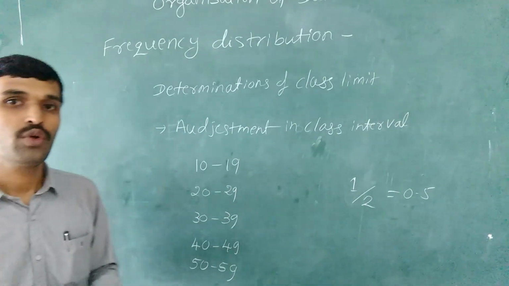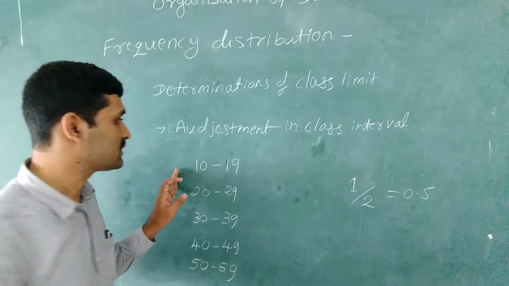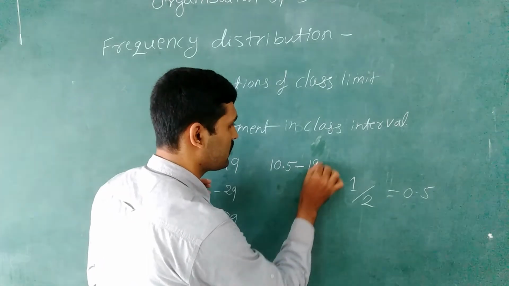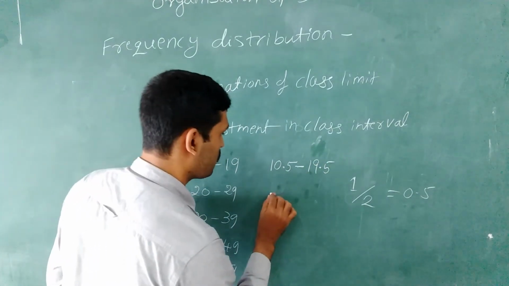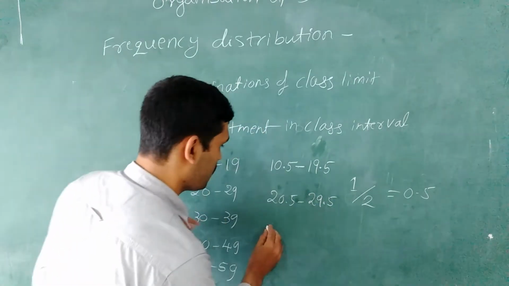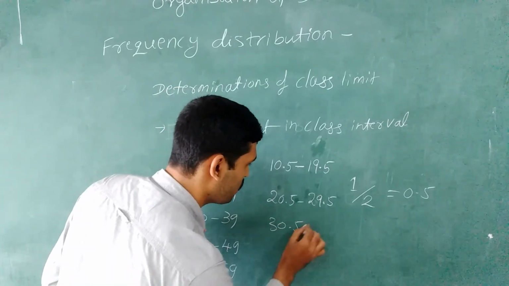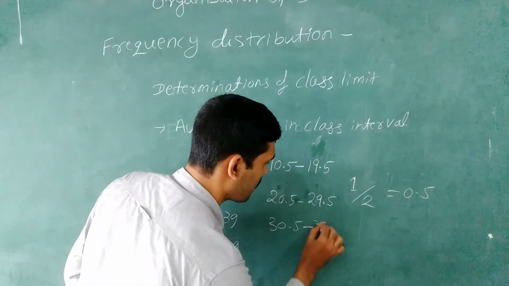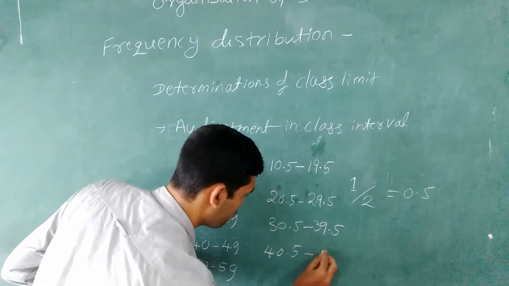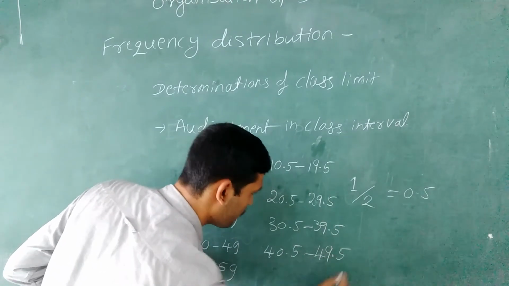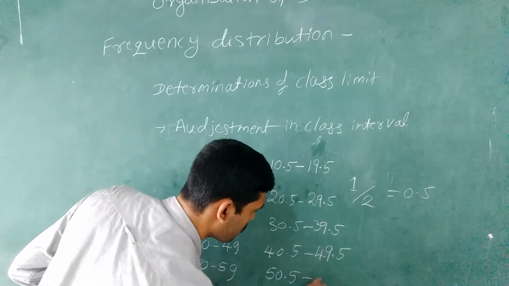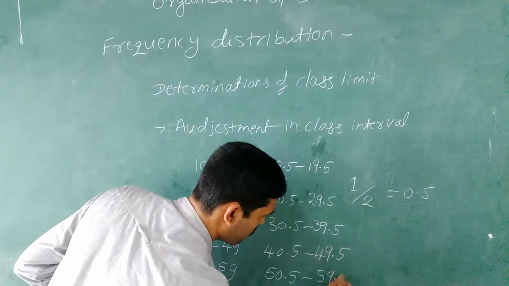After this adjustment, we can write these classes as 10.5 to 19.5, 20.5 to 29.5, 30.5 to 39.5, 40.5 to 49.5, and 50.5 to 59.5.